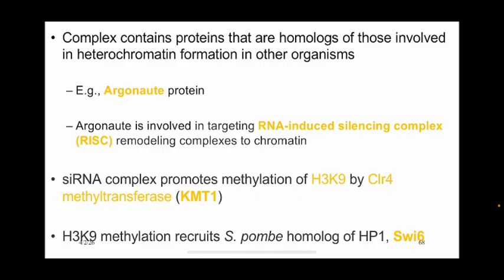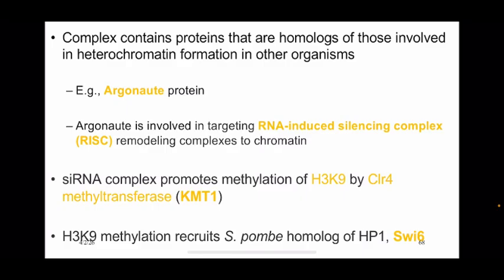The methylation done by the Clr4 methyltransferase is going to recruit a homolog of HP1 called Swi6. We've come across this, but I didn't mention it. We have HP1 that forms heterochromatin in mammals, and its analog in yeast in general is the Sir proteins, which are also responsible for the formation of heterochromatin in yeast.